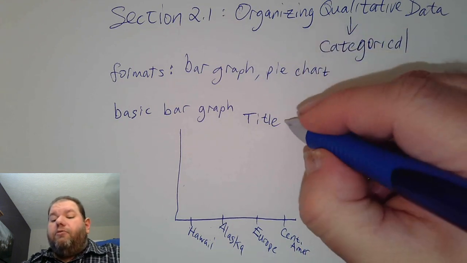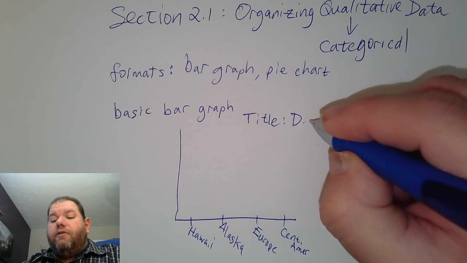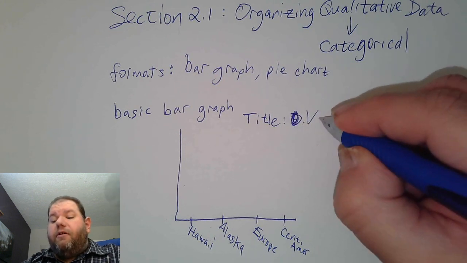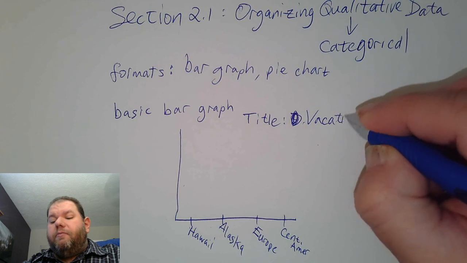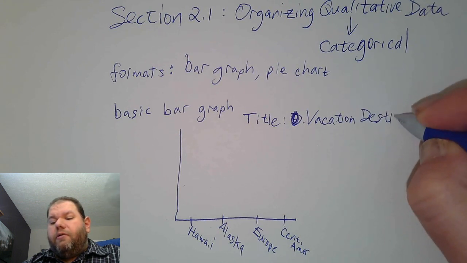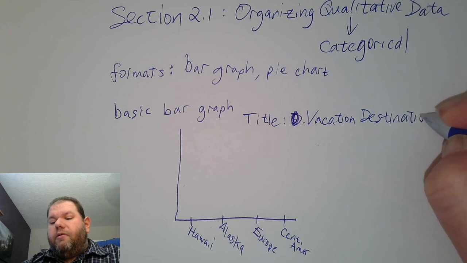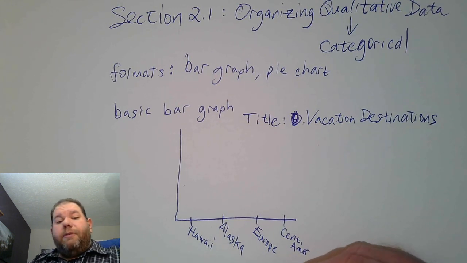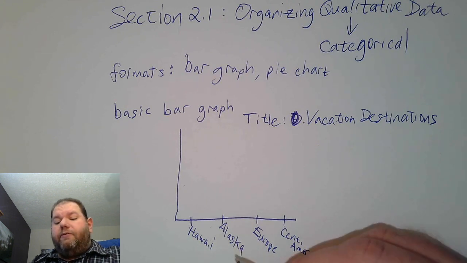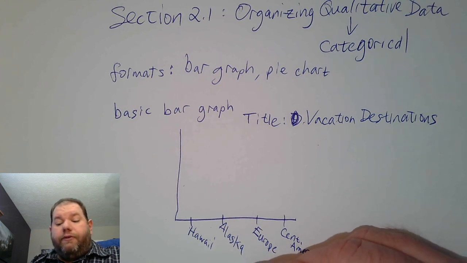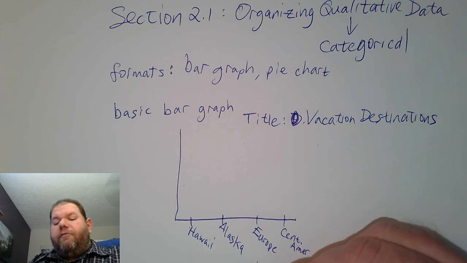So our title would be vacation destinations. Maybe we can be a little bit more descriptive. And so we want to make sure we label this axis. So we will say locations is a good way. It doesn't have to be real wordy.